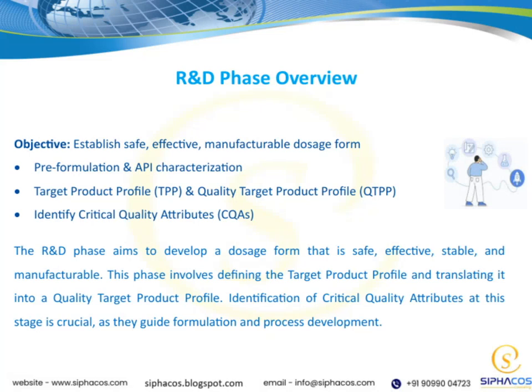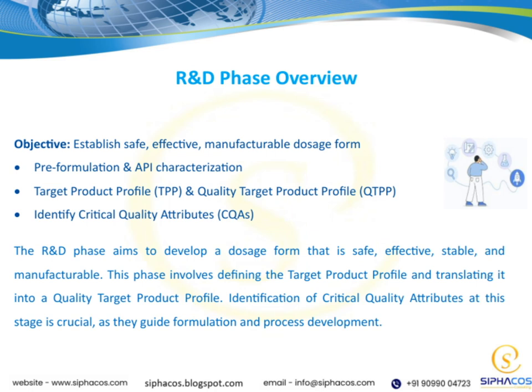Let's take a closer look at the R&D phase overview. The main objective here is to establish a dosage form that is not only safe and effective, but also stable and feasible to manufacture. This involves several key steps. First, we conduct preformulation and API characterization to understand the properties of the active ingredient and how it behaves in different conditions.